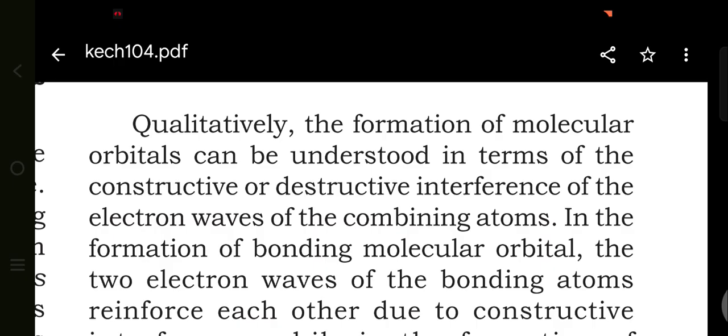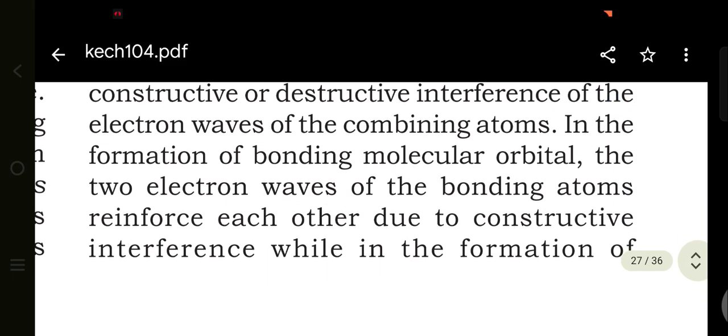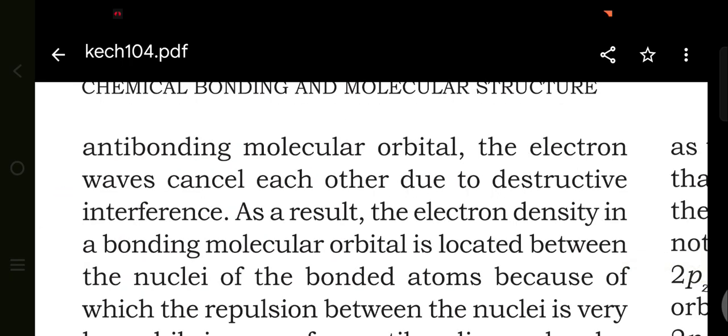Qualitatively, the formation of molecular orbitals can be understood in terms of constructive or destructive interference of the electron waves of the combining atoms. In the formation of the bonding molecular orbital, the two electron waves of the bonding atoms reinforce each other due to constructive interference, while in the formation of the antibonding molecular orbital, the electron waves cancel each other due to destructive interference.